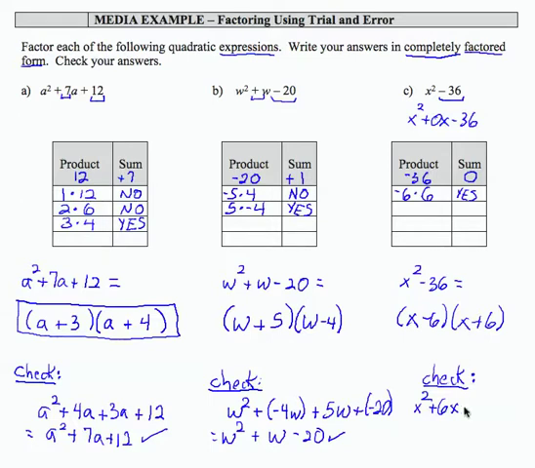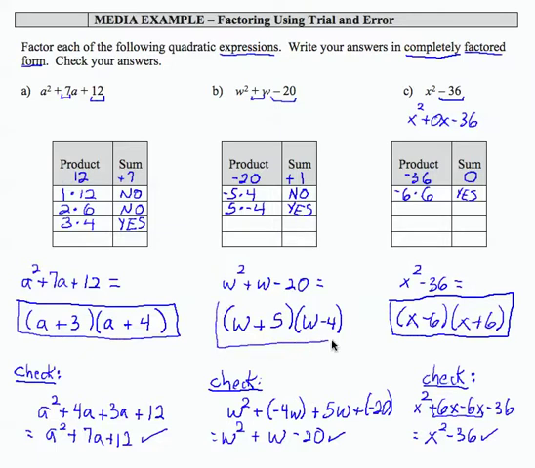Negative 6 times x is minus 6x. Negative 6 times a positive 6 is negative 36. This part in the middle goes to 0, so I get x squared minus 36, and my result checks. So here is the fully factored form for x squared minus 36, and I didn't put a box around part B, but this would be my result for my fully factored form here.